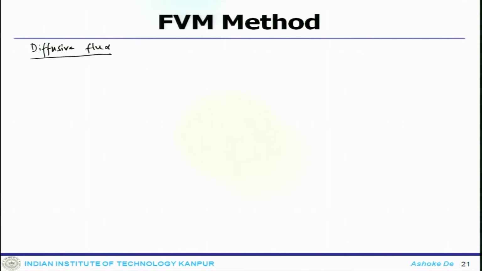For the diffusive flux you have the integral over f of gamma delta phi dot dS.